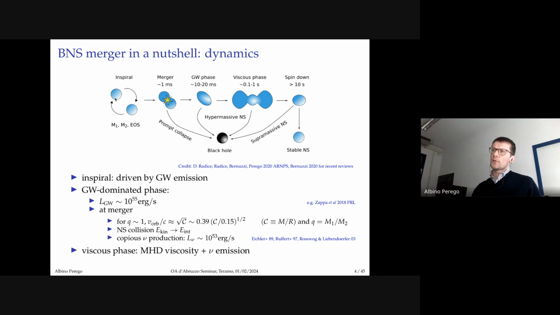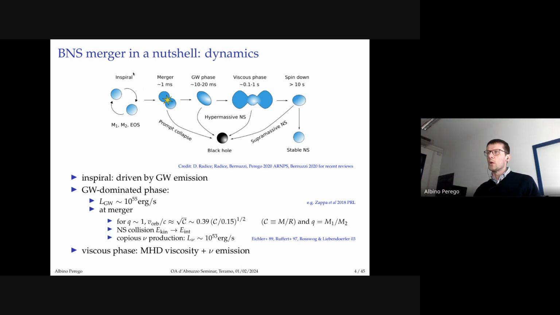Due to the emission of gravitational waves, this inspiral phase is characterized by a shrinking of the orbit, because gravitational waves carry away angular momentum and energy in such a way that on a time scale which is typically of the order of a few gigayears, a system which is located at astronomical distances can actually shrink up to the point where the two neutron stars cannot do much other than touch and coalesce.